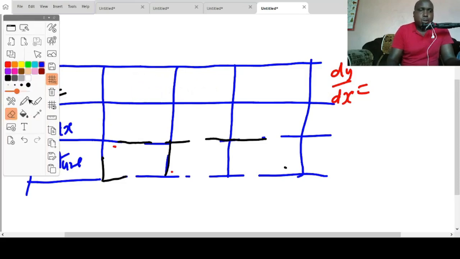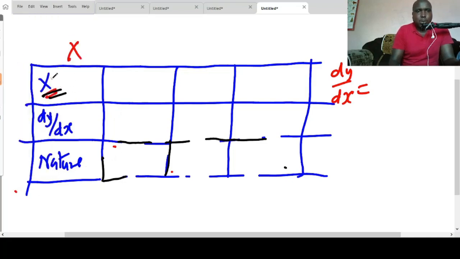When you are checking the nature, you draw 4 columns. The first one will have x, the second will have dy over dx, and the last one is nature. And the x part should have 3 columns, 1, 2, 3.